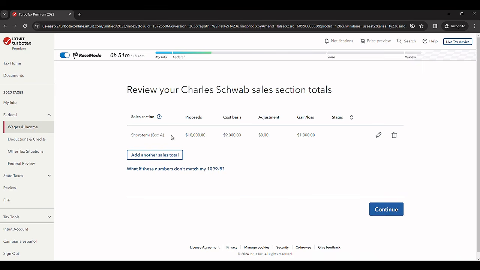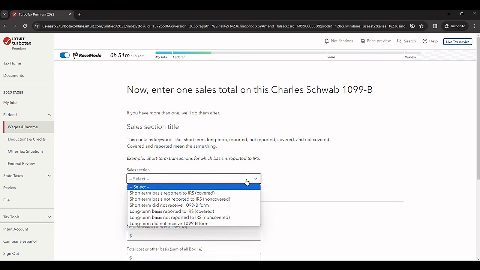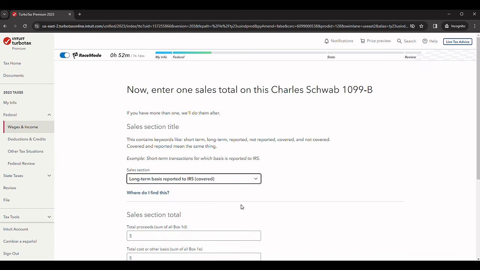So the proceeds, the sum, $10,000. How much you purchased all of that for, $9,000. You can make adjustments if you want, if something's off, for example. Okay, so the gain, $1,000. Congratulations. And let's just say that you have another box to populate. Let's just say that you have long-term gains.